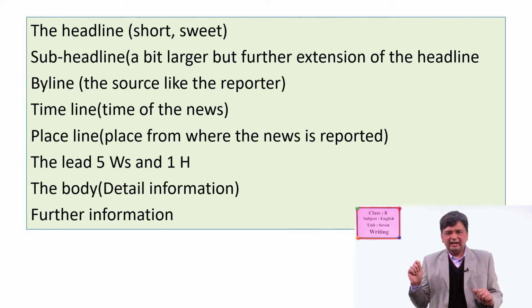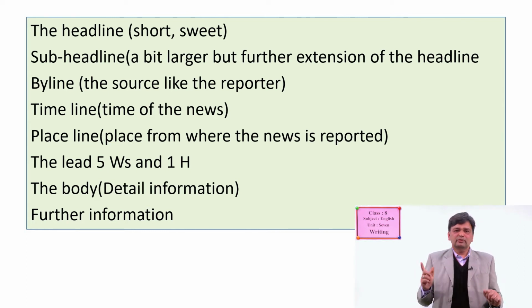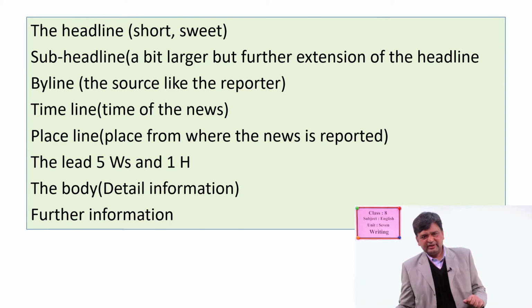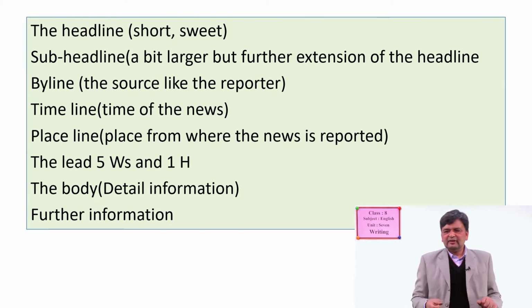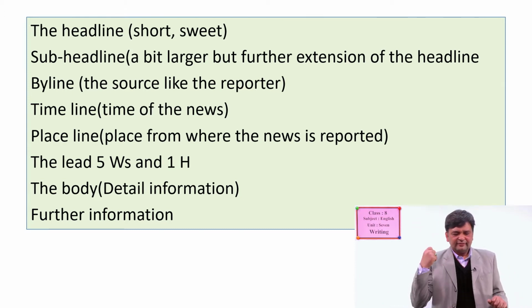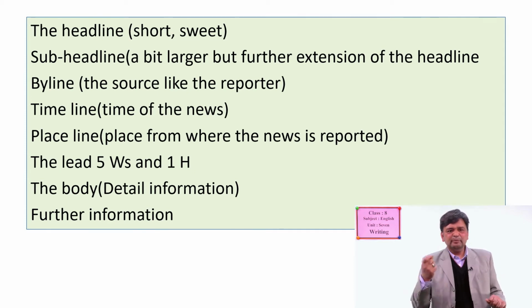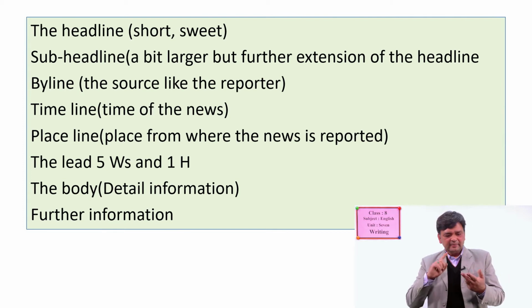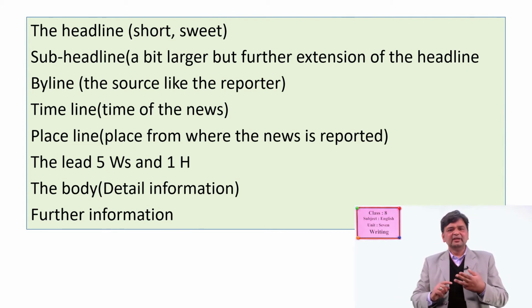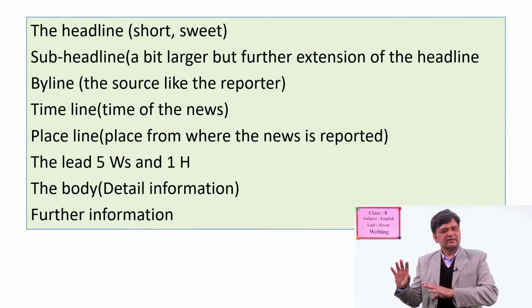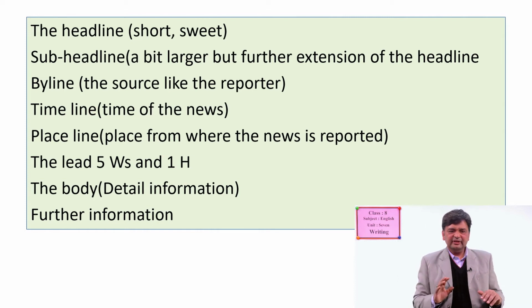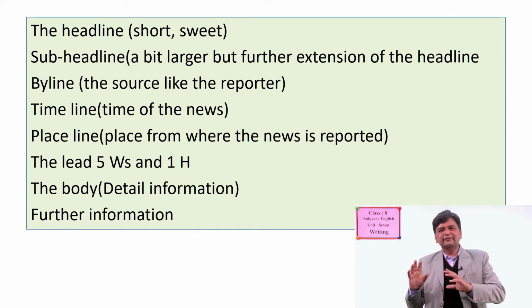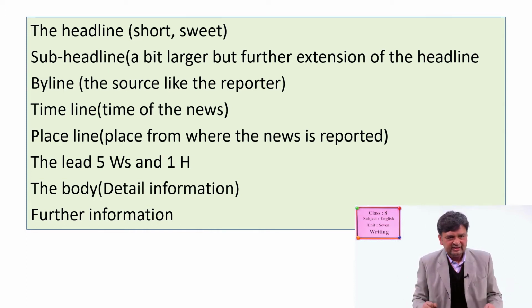And 1H means how, right? How did that happen? Something like that, okay? So the first part, the lead, must answer where the news is from, when the news happened or when a certain action happened, what is the news, who are the people involved in it, so that kind of questions will be answered, right?